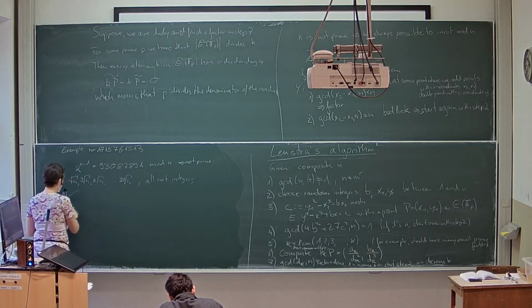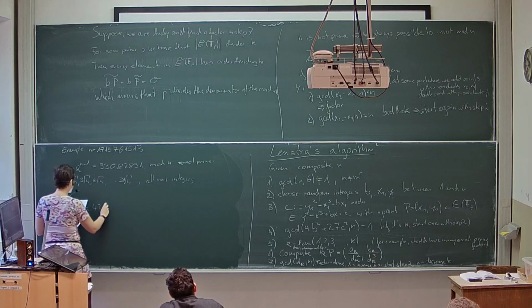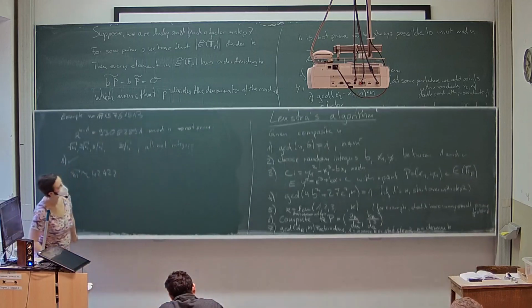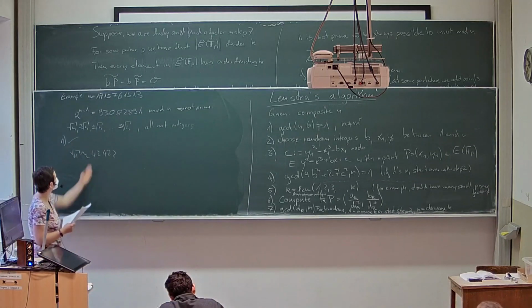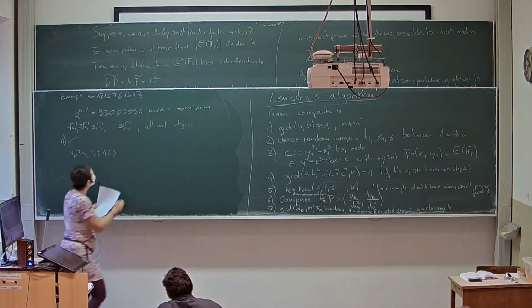Okay, so the square root of n is about 42,000. So there is a factor that's at most 42,000.